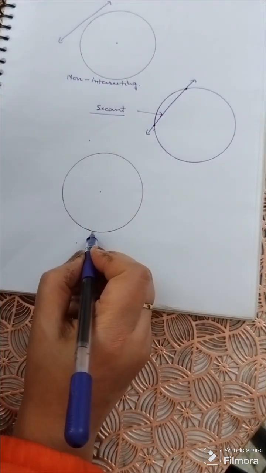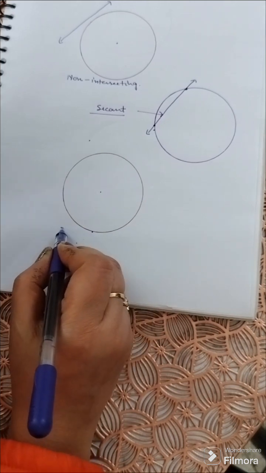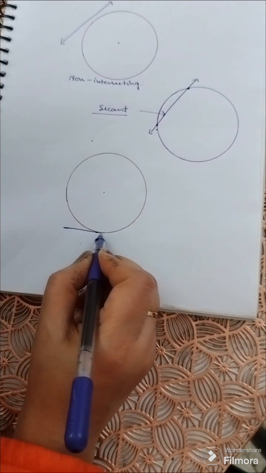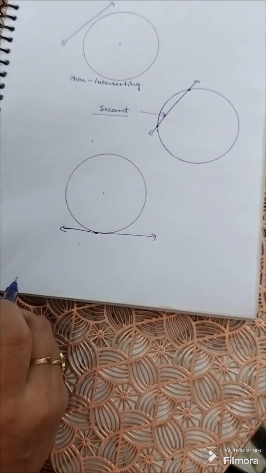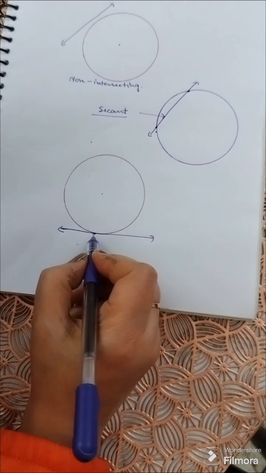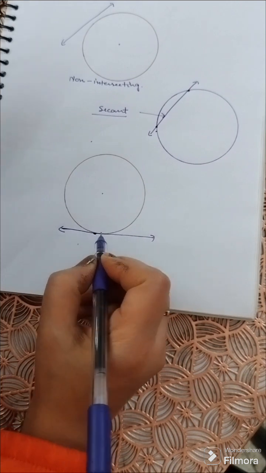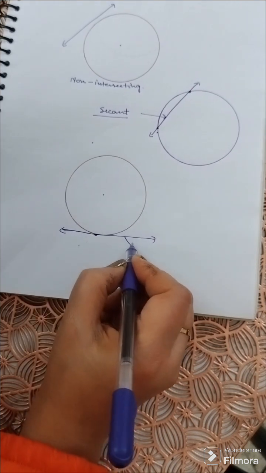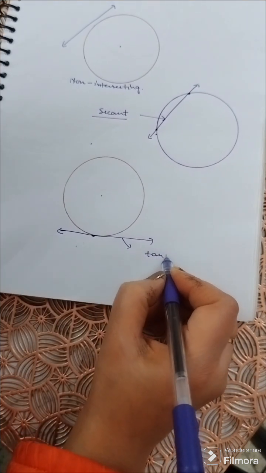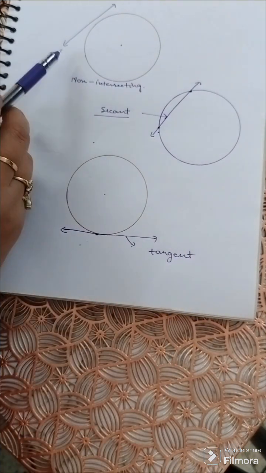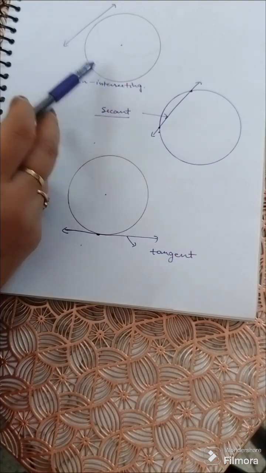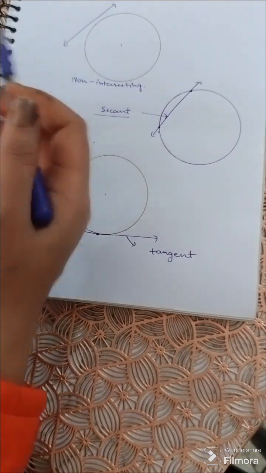Now comes another one which touches the circle at 1 point only. It touches the circle at 1 point. So that particular type of line is called a tangent.